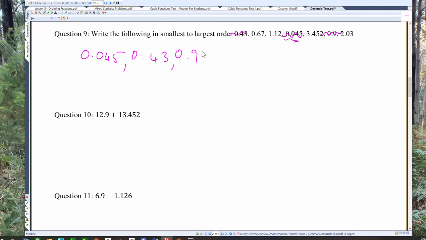That's why it would have been a good reason to do that, because I've got them out of order. 0.67 followed by 0.9. Okay, which one's next? We've got 1.12, 2.03, 3.452.